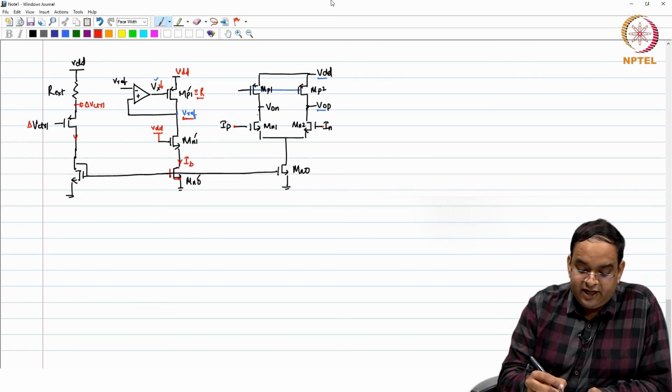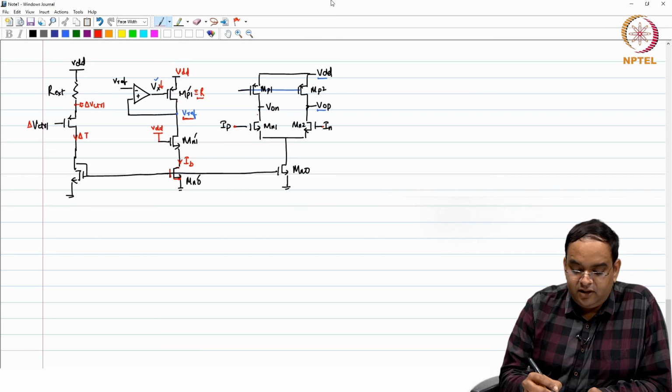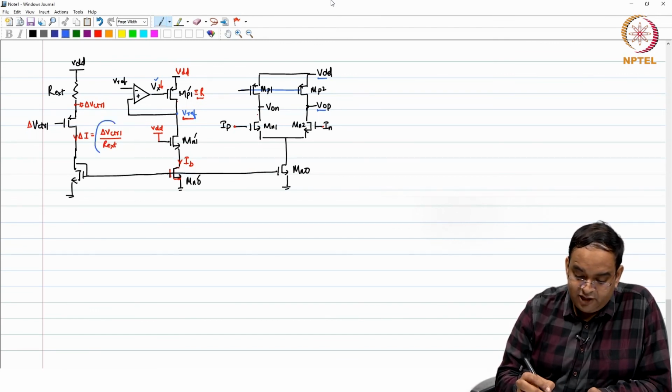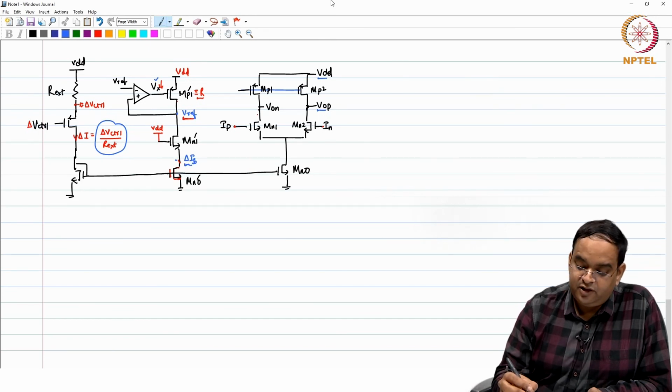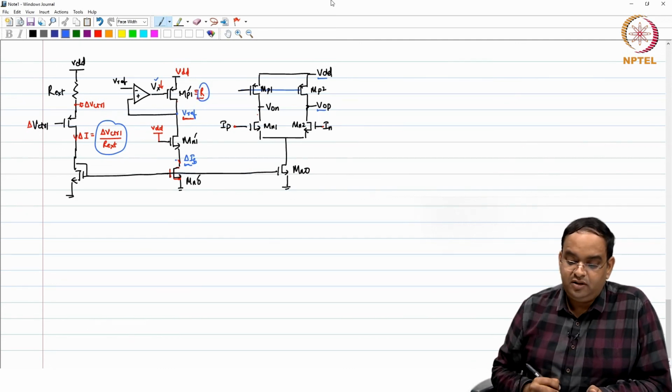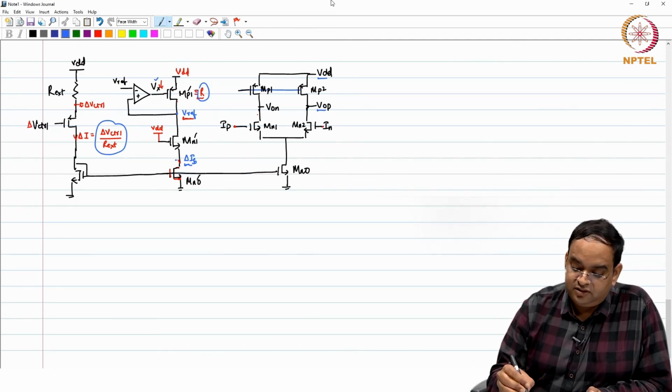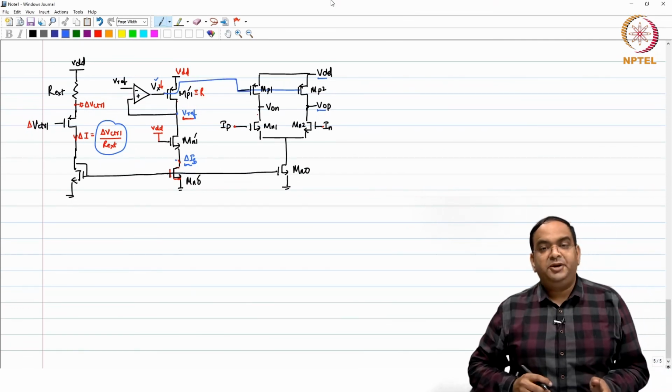With respect to that, the change in the current delta I is going to be delta V control divided by R external, and this changed current value gets replicated in the changed bias current delta IB, and for the changed bias current you have a change in the resistance value and you change the output frequency. This connection still remains the same.